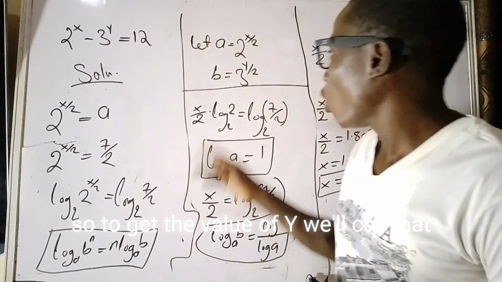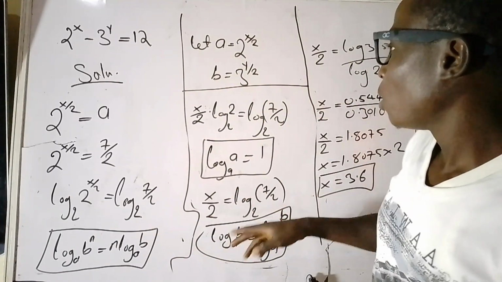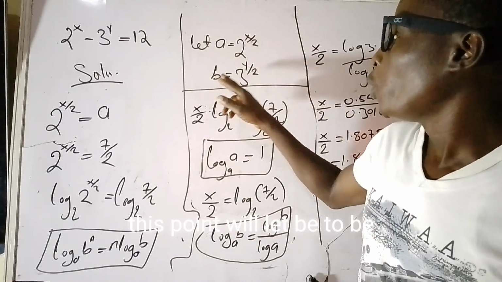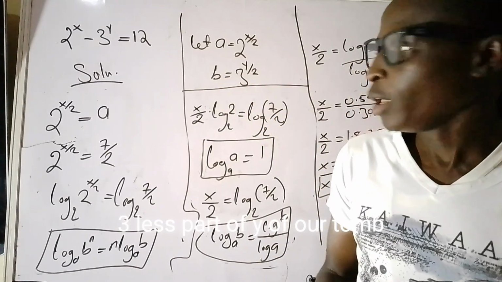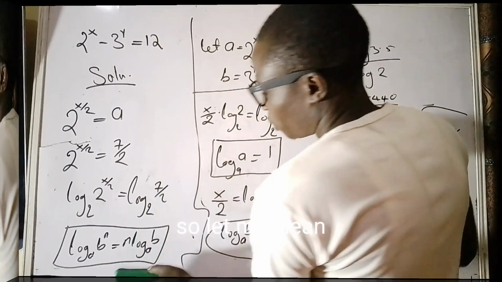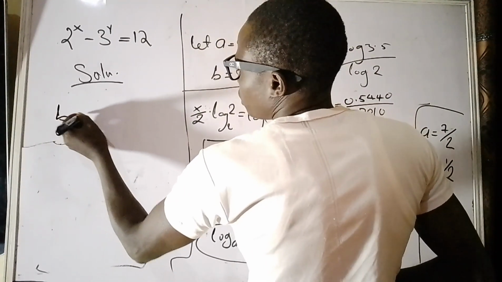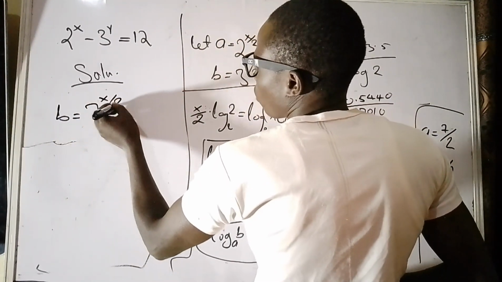To get the value of y, we recall that at this point we let b to be 3 raised to the power of y over 2. So let me clean this. b is equals to 3 raised to the power of y over 2.